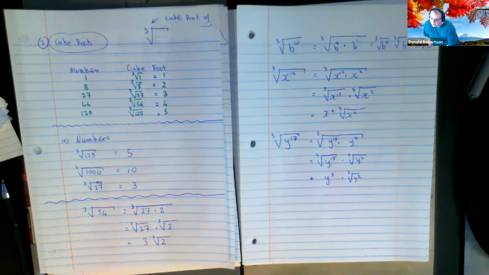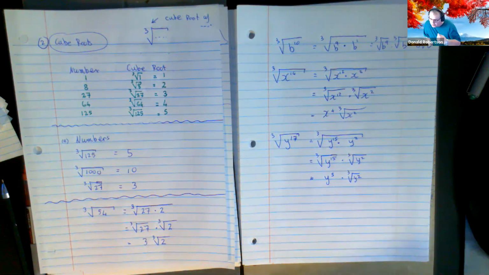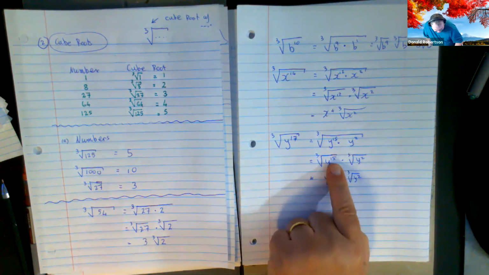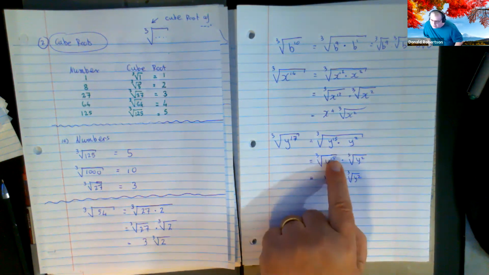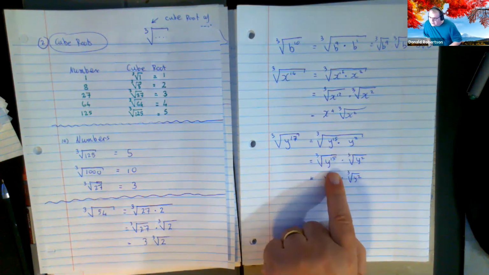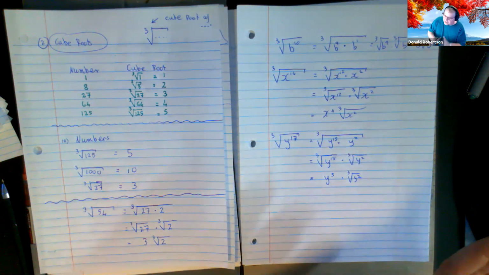Do you want me to do some more of these? Why did you pick y to the 15 to be perfect? I'm going to go through the 3 times table because I know anything that's in the 3 times table is going to work well with the cube root, because 3 will go into 15 5 times. So I'm trying to find the bit that's going to get taken care of with the cube root and come out as a nice power.